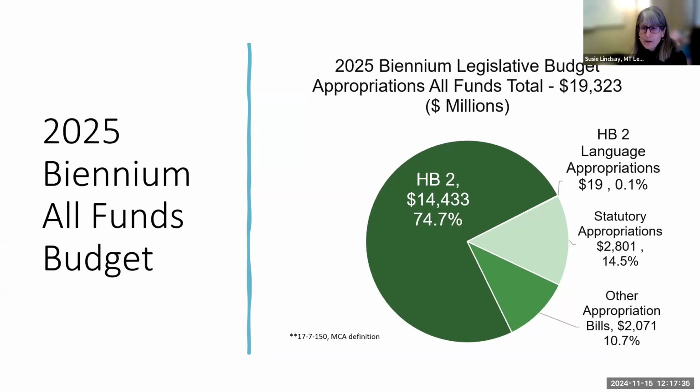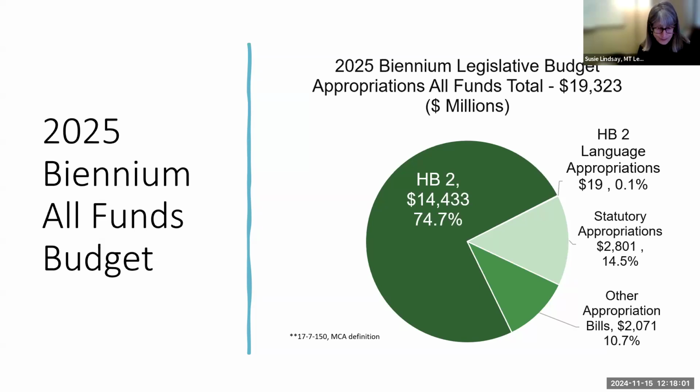And then again, those other appropriation bills, 10.8% this time for this current budget. And those again are typically infrastructure bills and other ideas that legislators bring, and they fund, they appropriate, and those would be new ideas, new policy choices, that kind of thing.